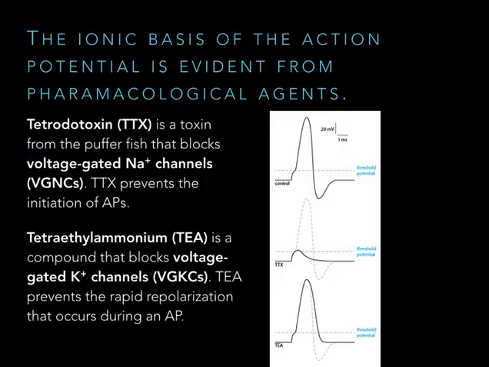So the effect of these two ions on the membrane potential is fairly obvious whenever you use a couple different pharmacological agents to block them. So tetrodotoxin is a small molecule from pufferfish that will block voltage-gated sodium channels. So if you ingest enough tetrodotoxin, your neurons will no longer be able to fire action potentials, and when that happens, you don't live for very long.